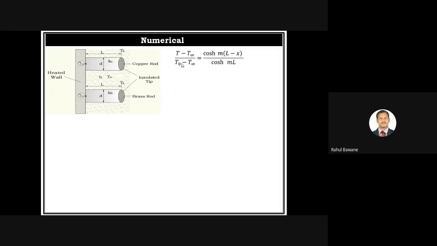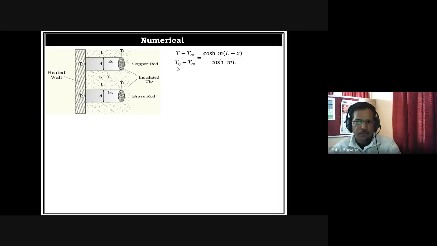Now we know the relation for insulated tip fin: (T minus T infinity) upon (T0 minus T infinity). Why do we use this temperature form? Because in the data it is given the base temperature and surrounding temperature. If it were given in terms of excess temperature, then we would use theta upon theta 0.